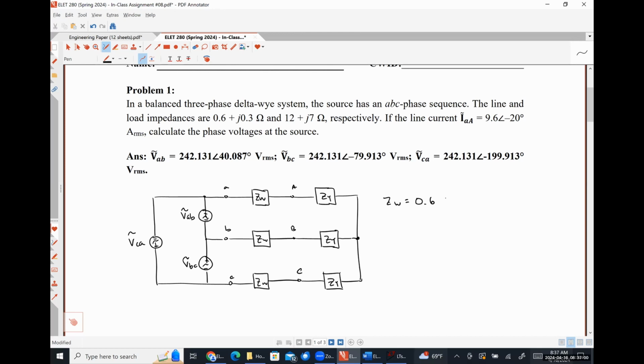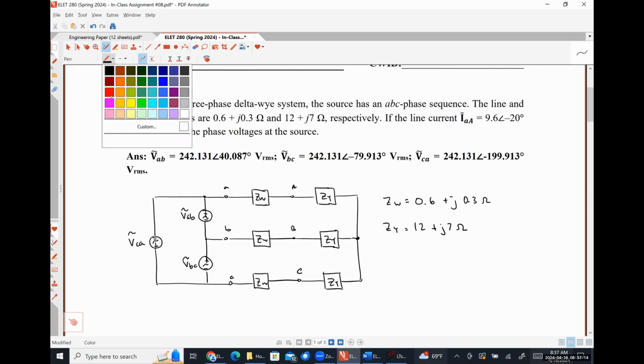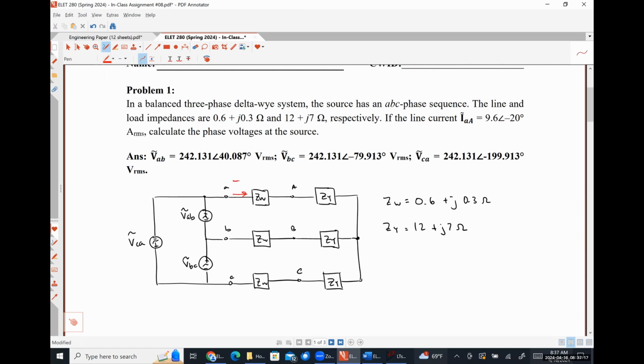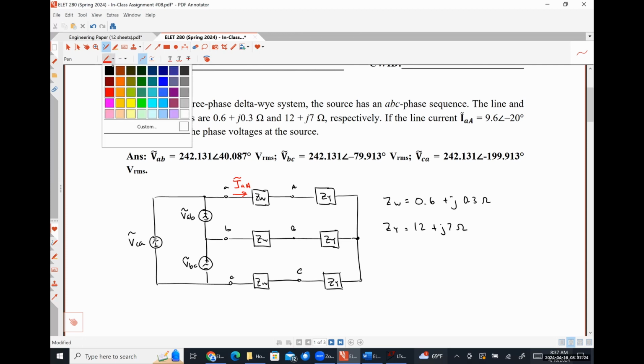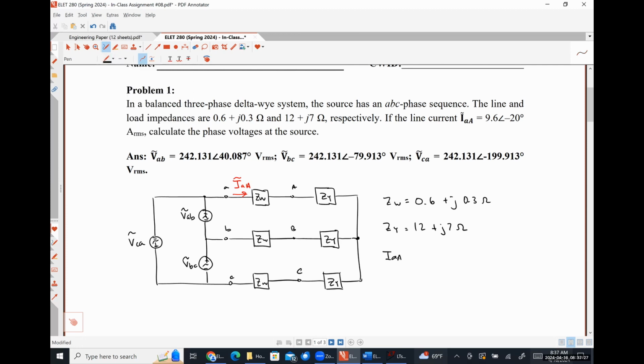ZW is 0.6 plus J 0.3. ZY is 12 plus J7. We have a line current, which I believe I've been doing in red, so I'll put it right here. IAA. And that'll be 9.6 angle negative 20 degrees amps RMS. And our ultimate goal is to determine the phase voltages at our source, which are literally this voltage, and this voltage.